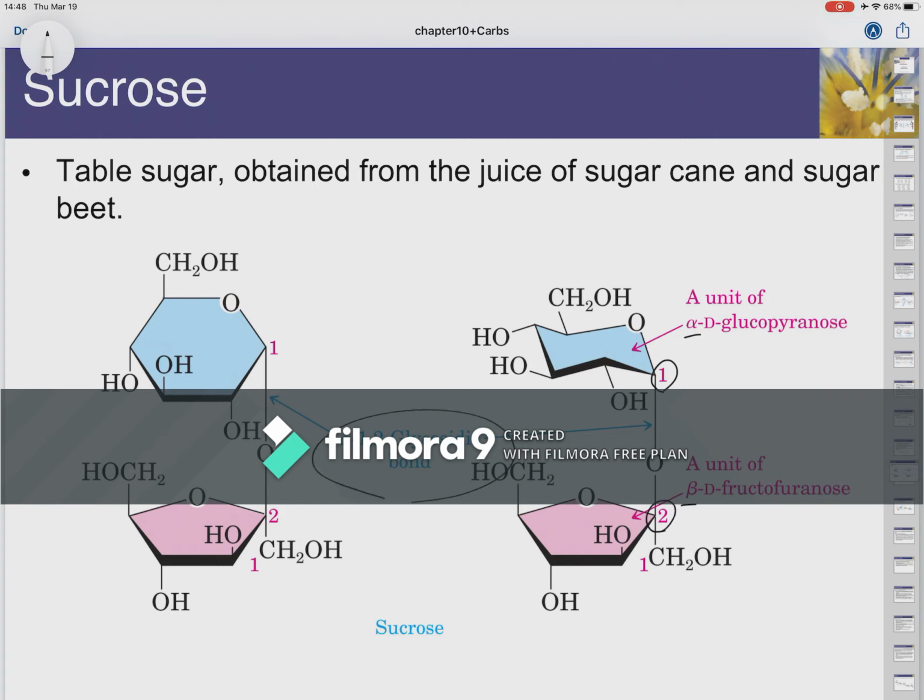And so here it's missing the beta. This is an alpha, beta, 1, 2 glycosidic link. Typo. So sucrose is made up of those two units in that linkage.